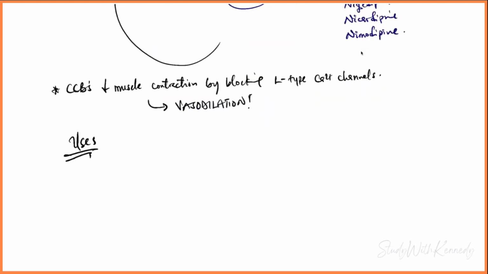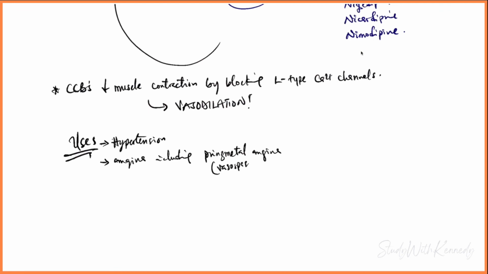Now we look at the uses of the dihydropyridine calcium channel blockers. They are used for hypertension. They'll be used for angina, especially including Prinzmetal angina, or vasospastic angina.